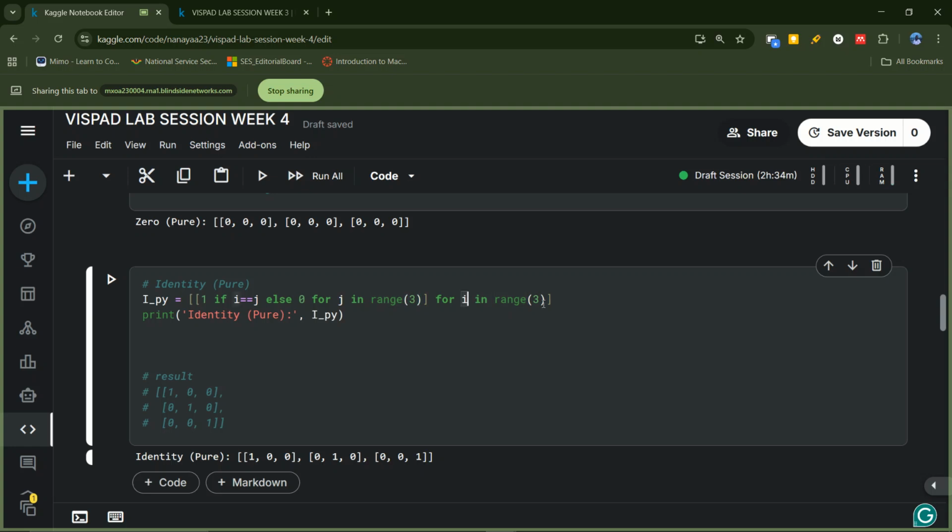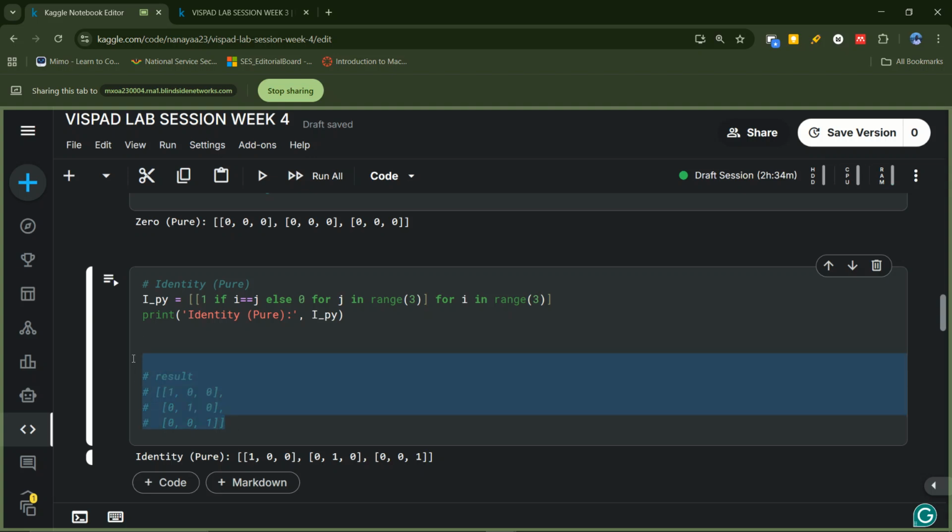That is simple. That is basically what this code is trying to do. If i is truly equal to j, put 1 there, else put 0. Okay, that is if you are trying to compute the identity matrix.